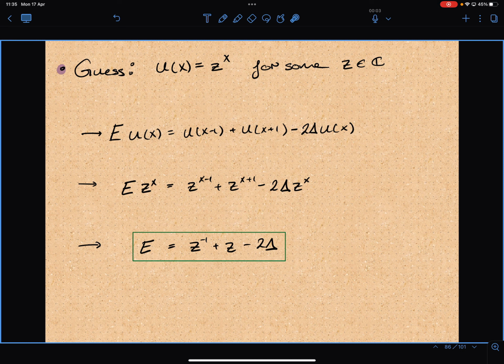In this case, since it's discrete, you guess c to the x for some complex number c. And so I plug this guess into this equation, I obtain this, and then I just divide by c to the x. And I get a formula for the eigenvalue. So the eigenvalue is going to be given by this parameter c from the guess. If the eigenvalue is equal to this number, then the previous equation is satisfied for u of x.